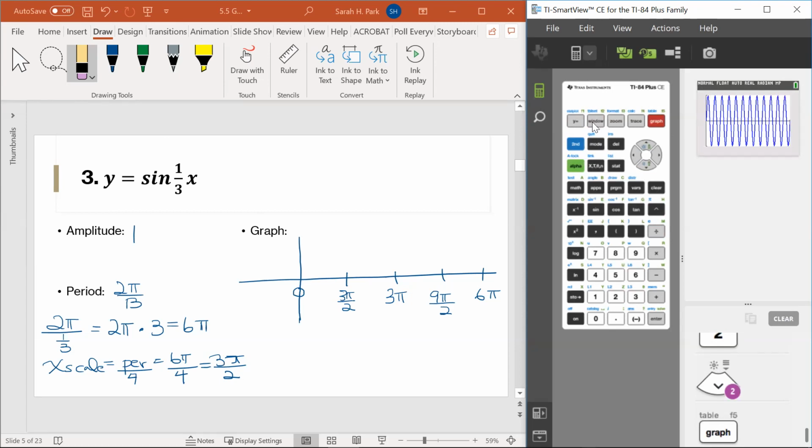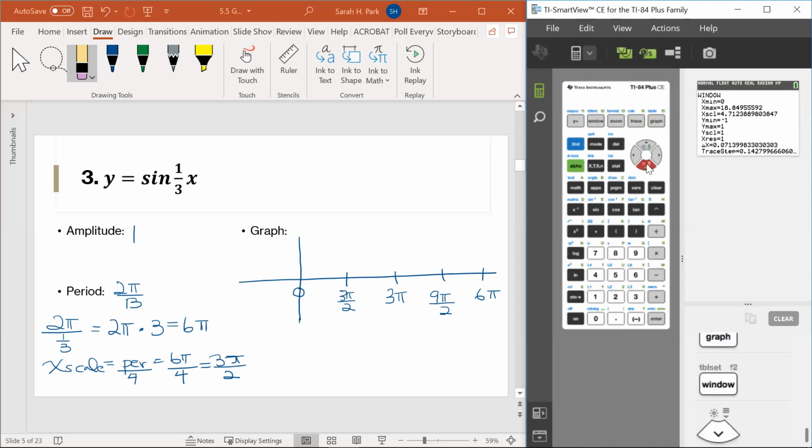I forgot that I did not change the function right here. So sine of 1 over 3x.